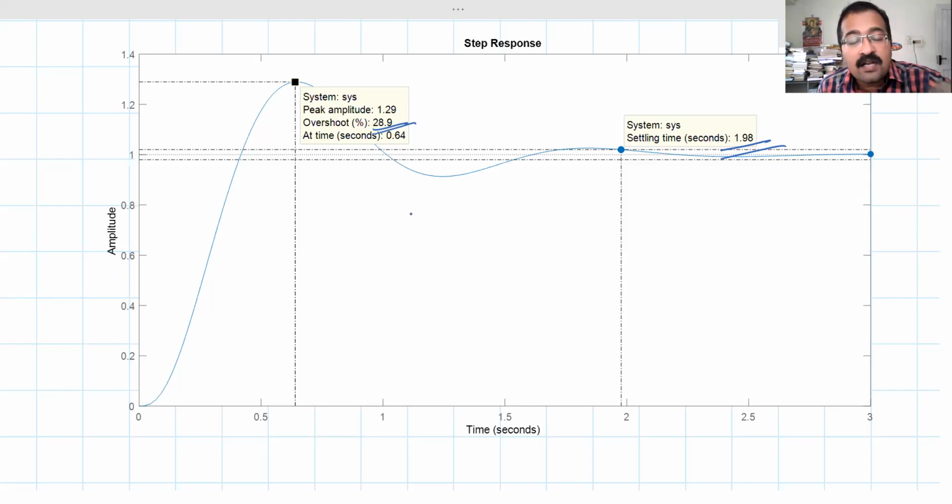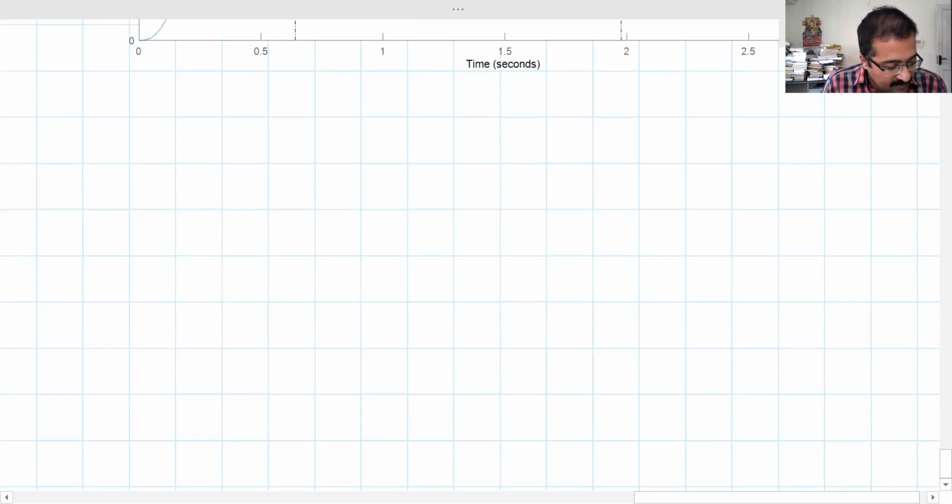What was my approach here? I chose my compensator zero so that it cancels with one of the system poles. What if I choose a compensator zero like this? Suppose the compensator zero is at S plus 5, and this is my compensator pole at S plus 42.96.